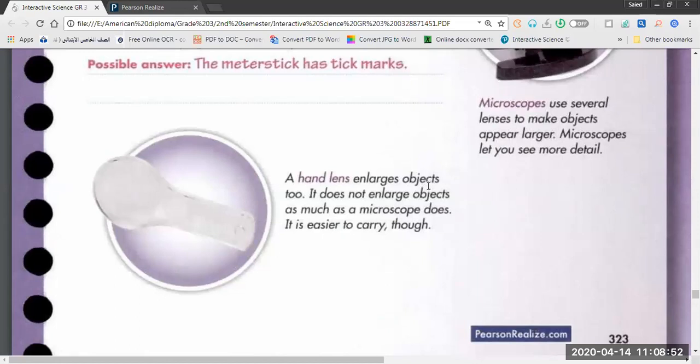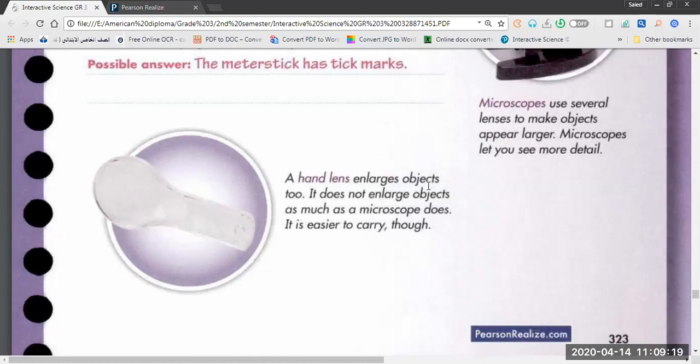It's not the suitable tool to check something like bacteria. What can I do here? I have to use a microscope. The hand lens is just used for reading or something like this. So it doesn't enlarge objects as much as a microscope does.